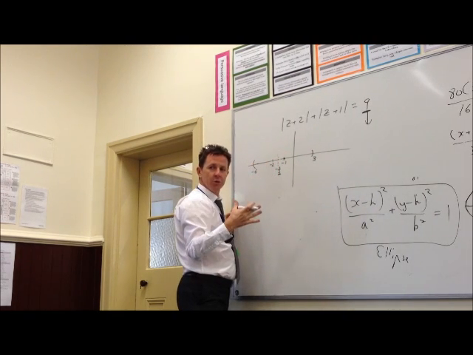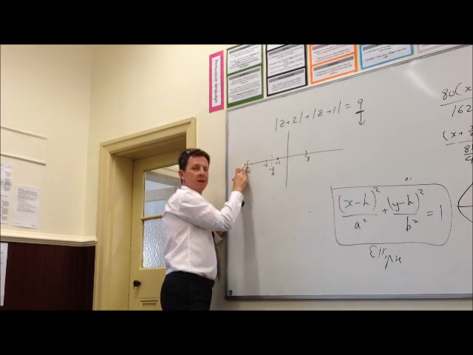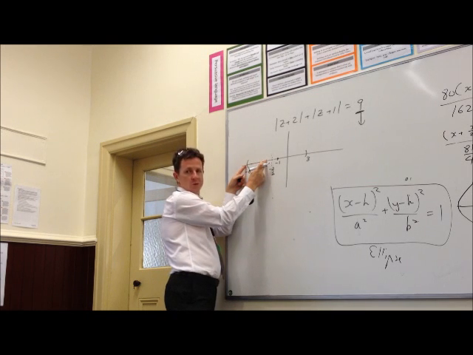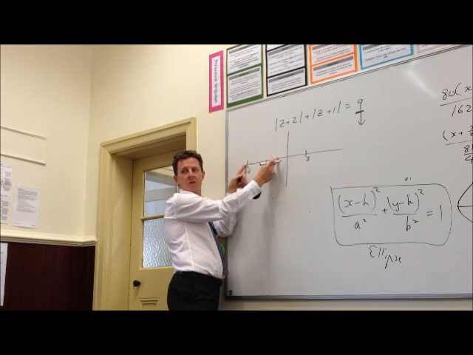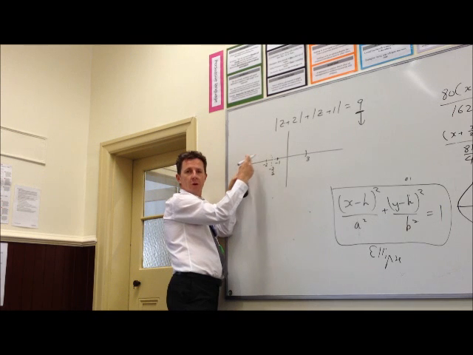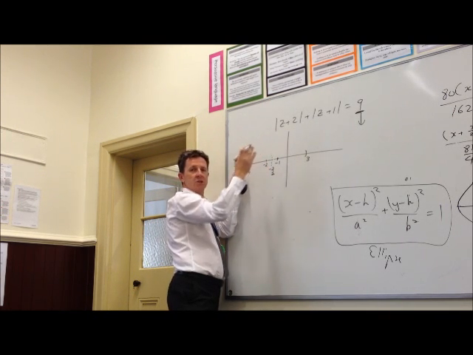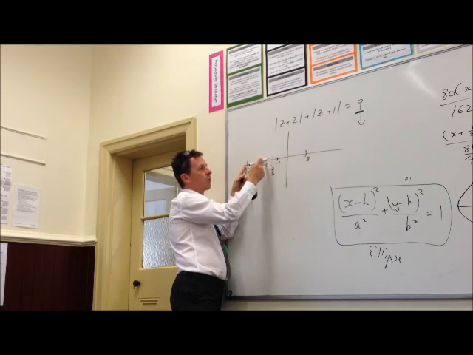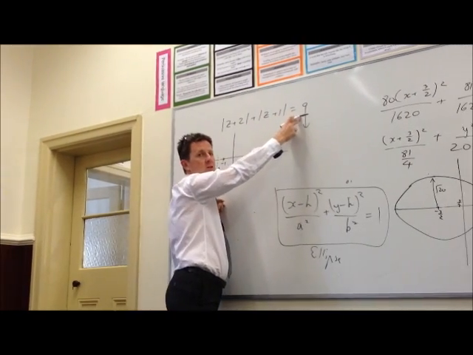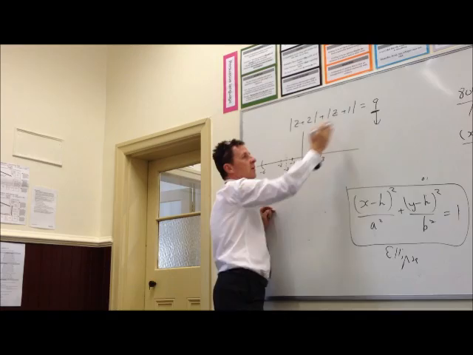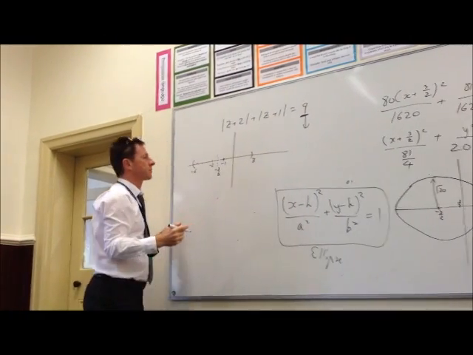Together, 9 units. If I'm standing here, you're 4 units away from me, there's 5, total 9. The total distance between the 2 points has to add up to that. So all I do is cut it in half and use half that distance.